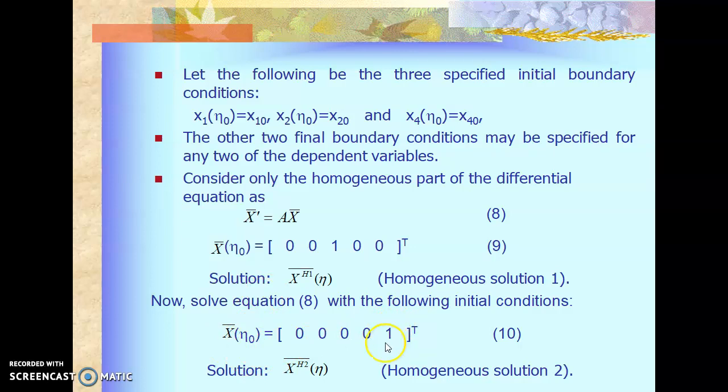Here, if you notice, in place of x4 we have taken 1 because x4 is also not given at the initial point. Now with these initial conditions, if you solve this system 8, that gives another solution which is the required homogeneous solution 2, and we denote it by xH2.